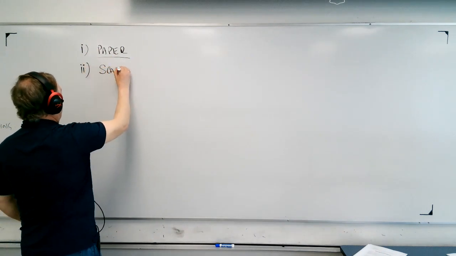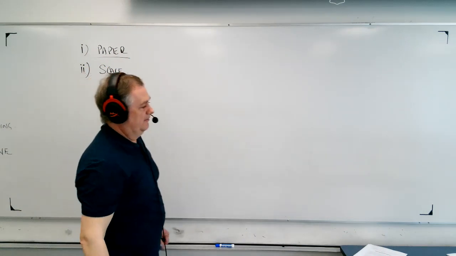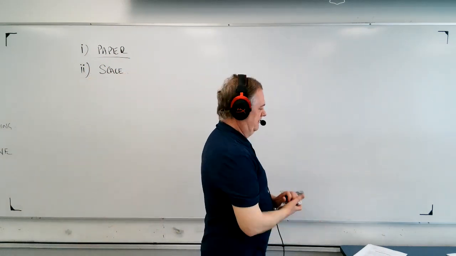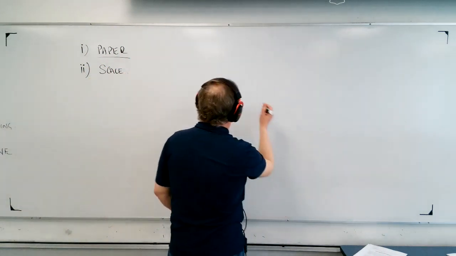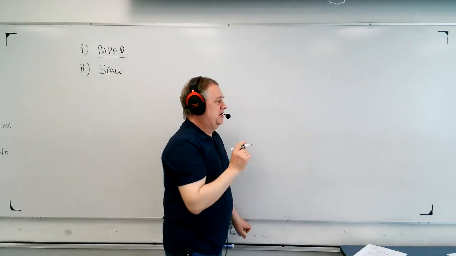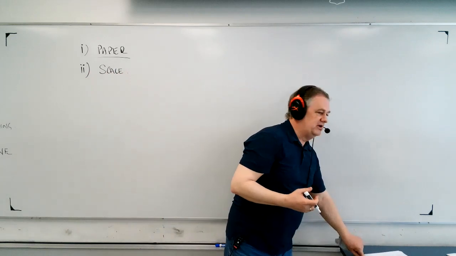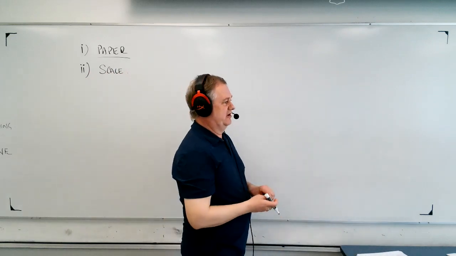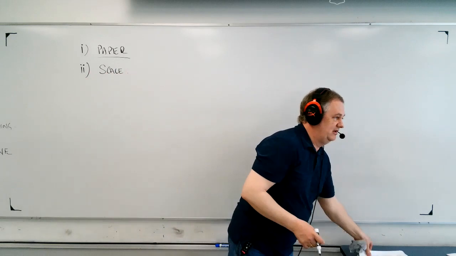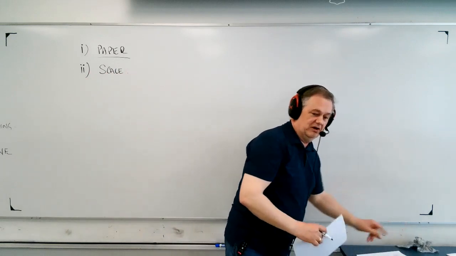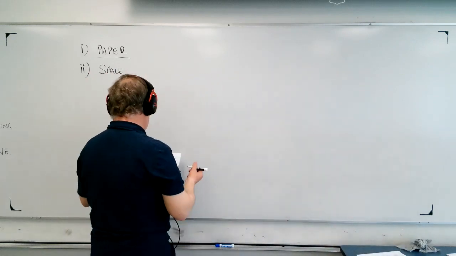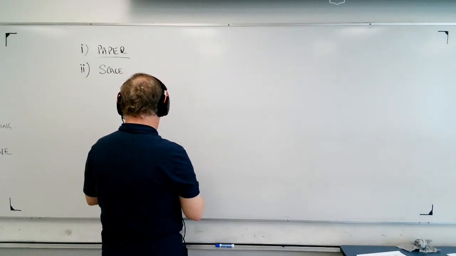Now, scale is a very, very important part of this subject. There are essentially a couple or 3 different types of scales that are used. It depends a little bit on the type of plan and what it is you're using.